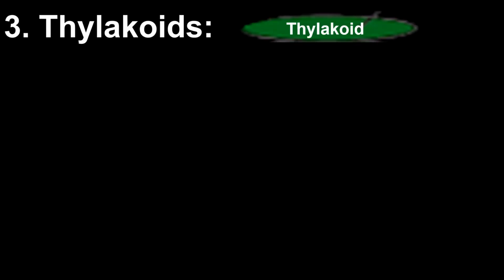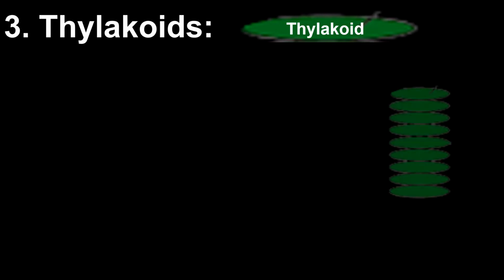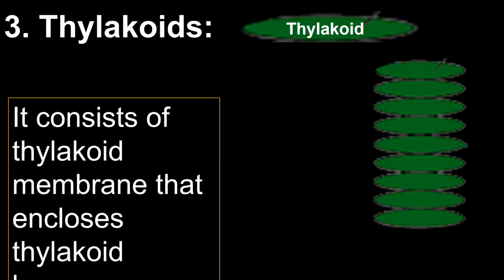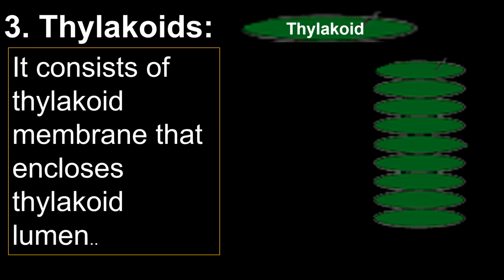Thylakoids are flattened disc-like structures. They are arranged one above another and form a structure that is granum. A thylakoid consists of a membrane. Inside the membrane, lumen is present.